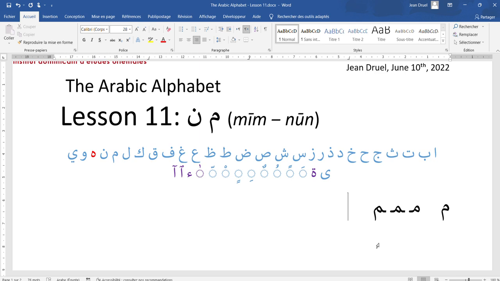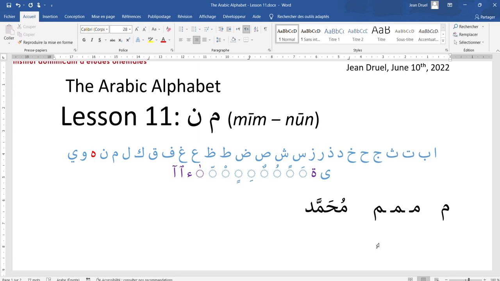The other ligatures are not compulsory, and not all fonts display them. I can't teach you all the possible ligatures in Arabic. It's far beyond the scope of this introduction, but just to give you a hint, so that you know what it is, and expect to have a lot of them for the mim especially.